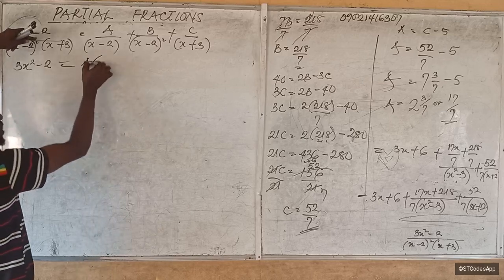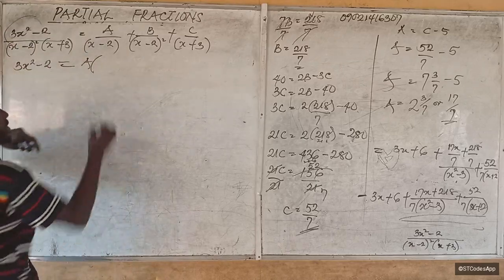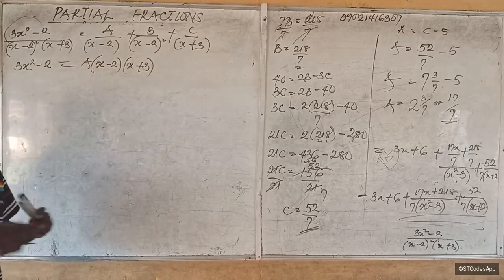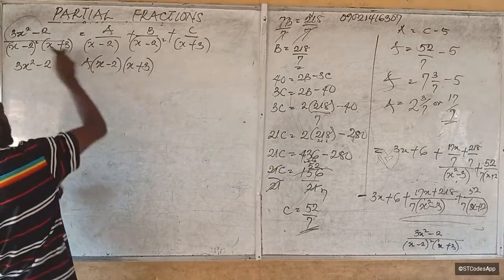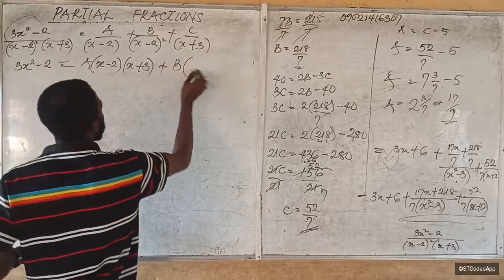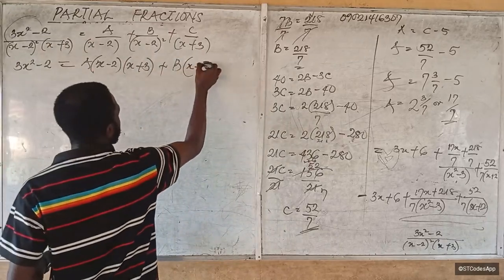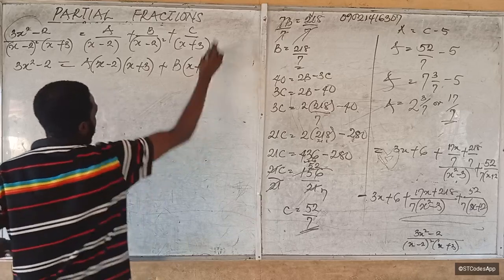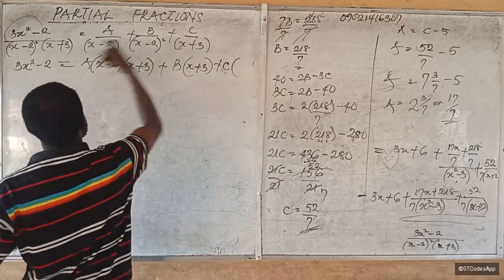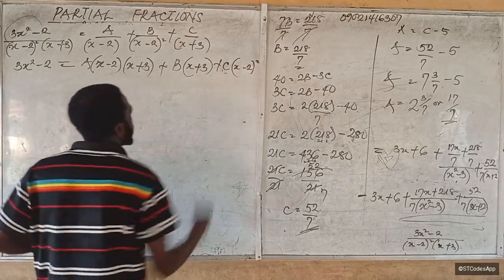So we'll be left with A into brackets x minus 2 and x plus 3, because there's only one of this guy here. I hope you understand what I mean. Plus B into bracket x plus 3, and plus C into bracket x minus 2 all squared.